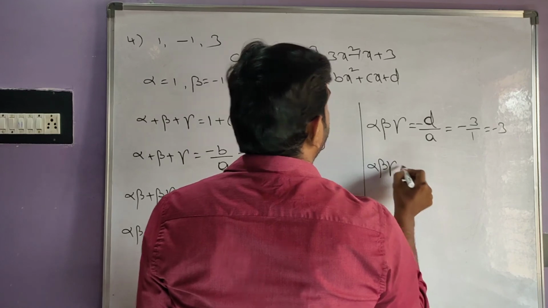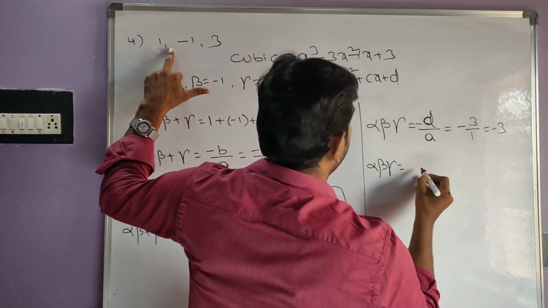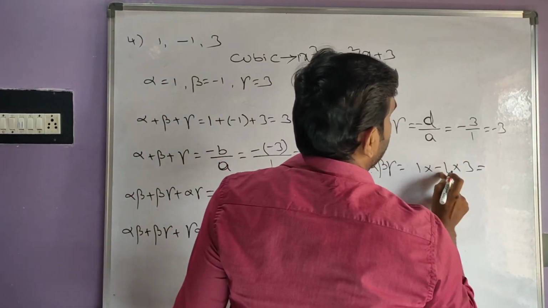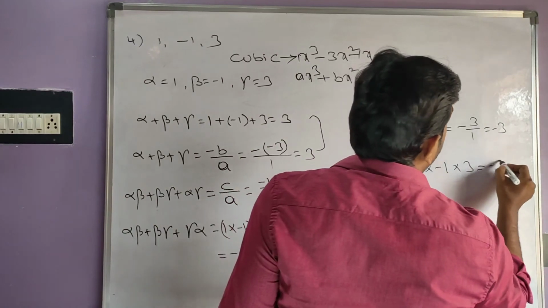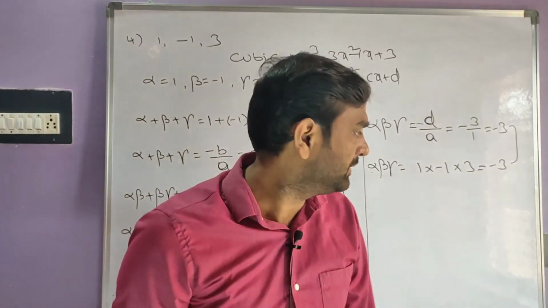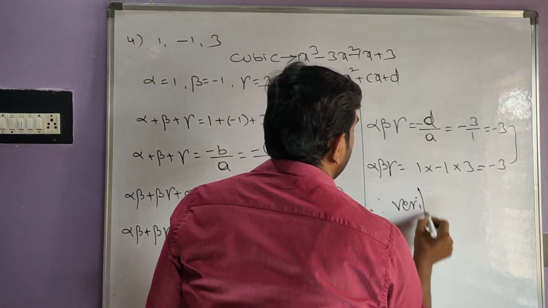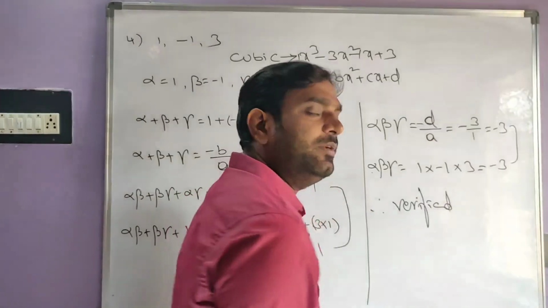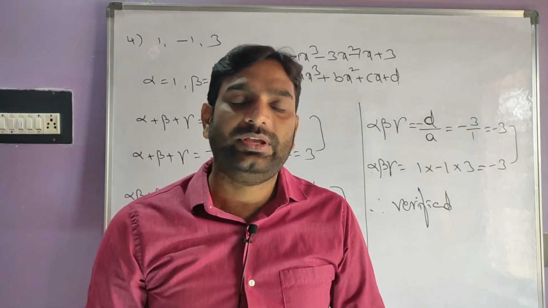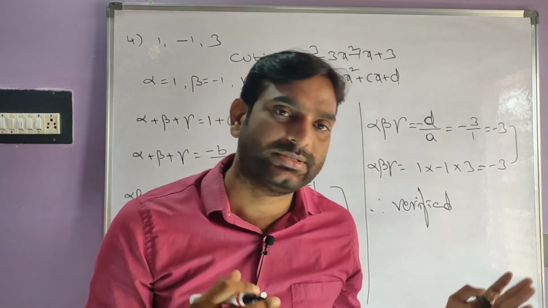As per the zeros, alpha is 1, beta is minus 1, gamma is 3. 1 into minus 1 is minus 1, minus 1 into 3 is minus 3. Here also we got the same. By this we can say it is verified. The relationship between zeros and coefficients of the given cubic polynomial are equal, so hence verified.